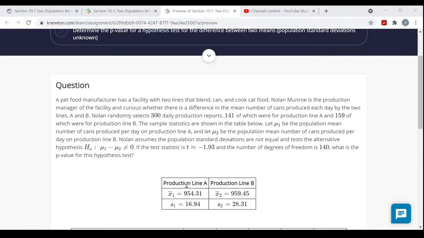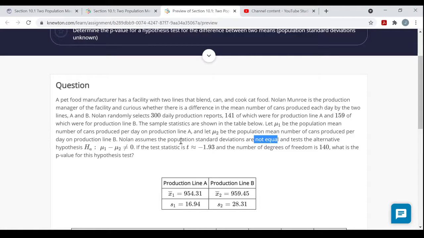The sample mean and standard deviation come from production line A, and likewise from production line B. We're asked to let mu1 be the population mean number of cans produced per day on production line A, and mu2 be the population mean number of cans produced per day on production line B. Nolan assumes the population standard deviations are not equal.